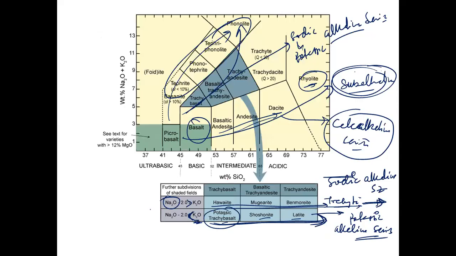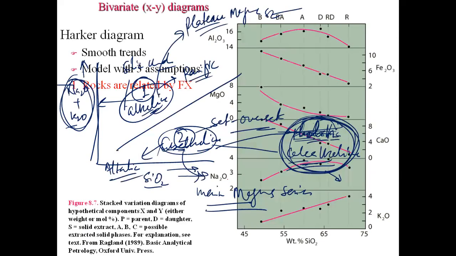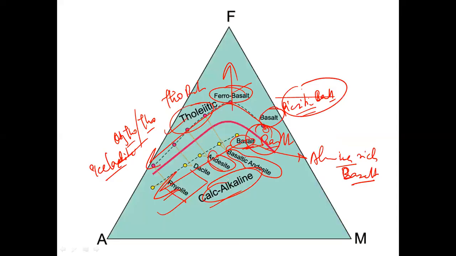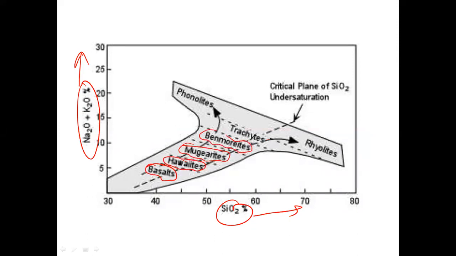So yes, all these things I think are completed. See this diagram. Here you can see silica increases here, alkali increases here, and this is your basalt, which is your parent magma, and here this is hawaiite, this is mugearite, this is benmoreite, and then trachyte.